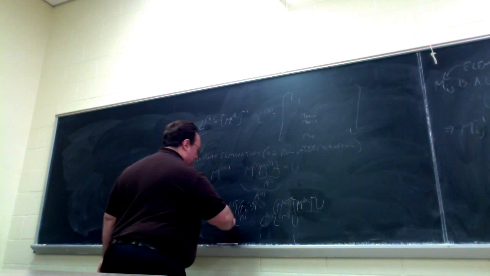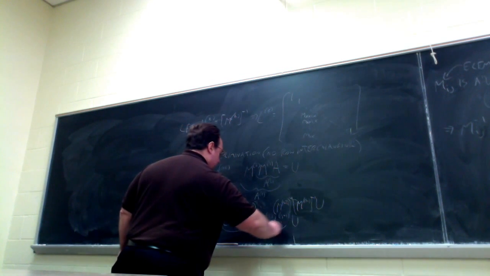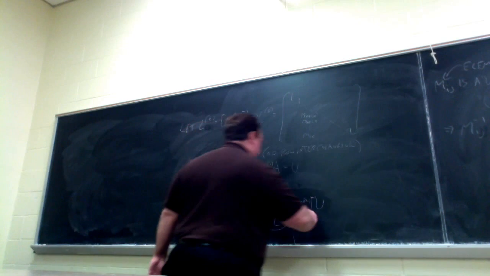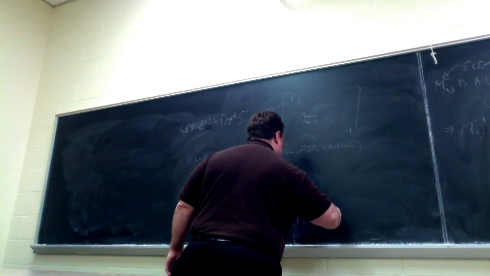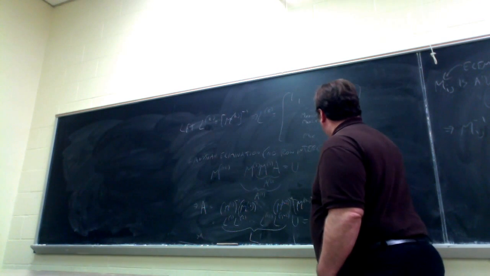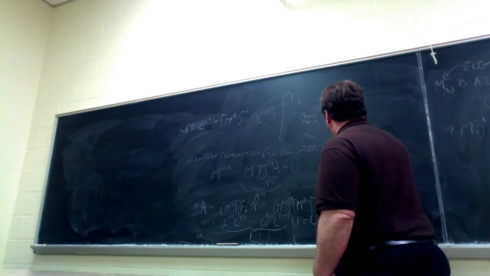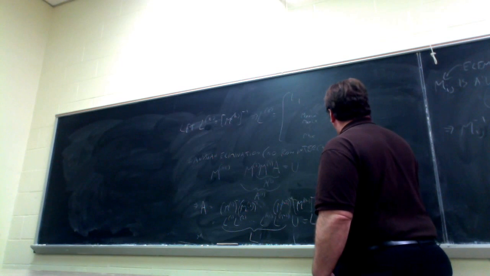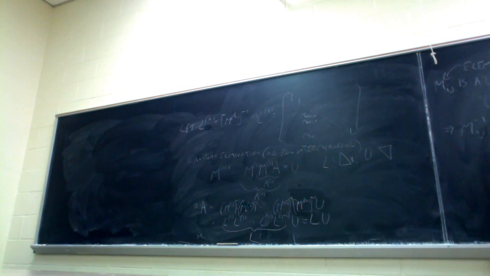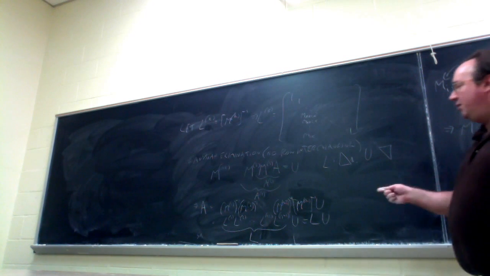So I'm going to take all of these and call them L. So A is factored into a product L times U, where L is unit lower triangular, U is upper triangular. And here's the best part. We know exactly what L is.